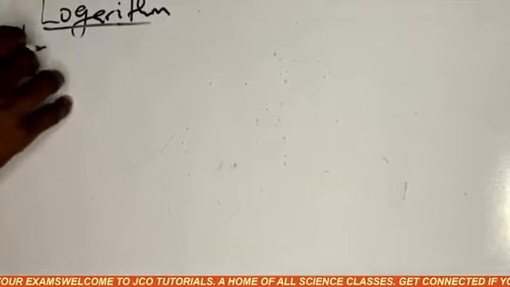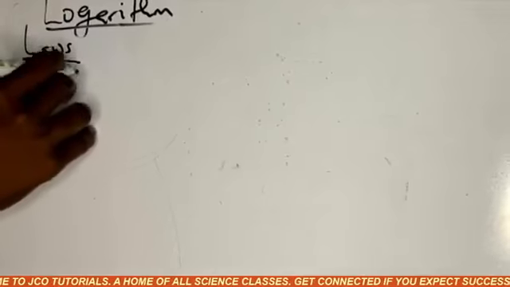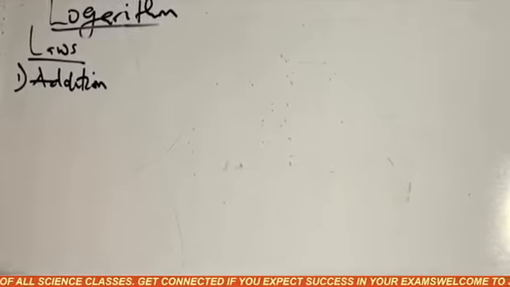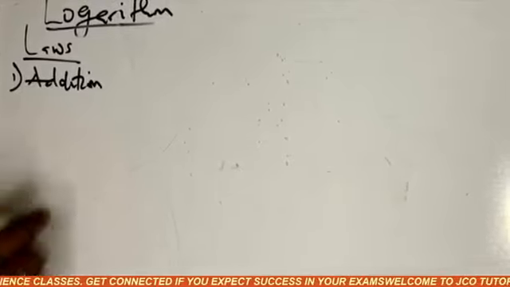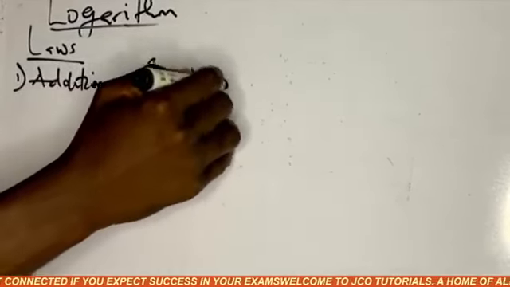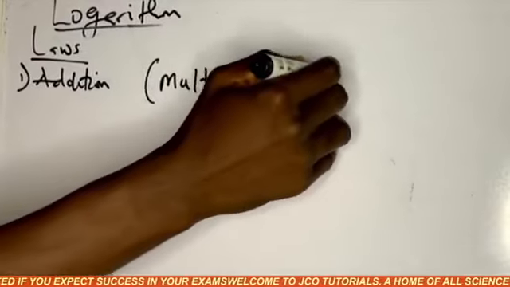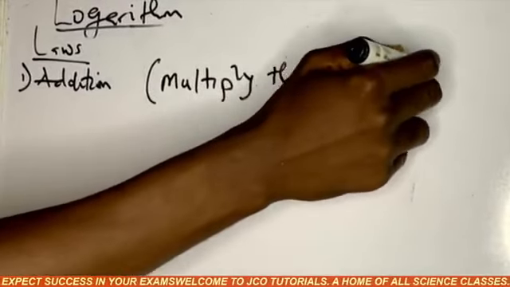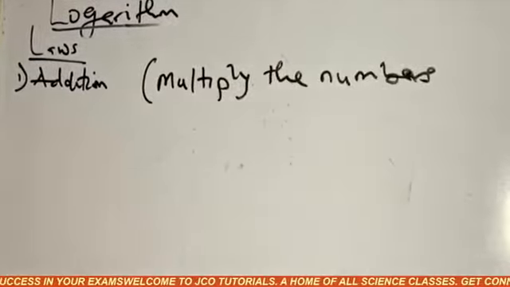Now, what are the laws of logarithm? We have the addition law of logarithm. In this case, it simply implies that you will multiply the numbers, not the logs. What does that mean?